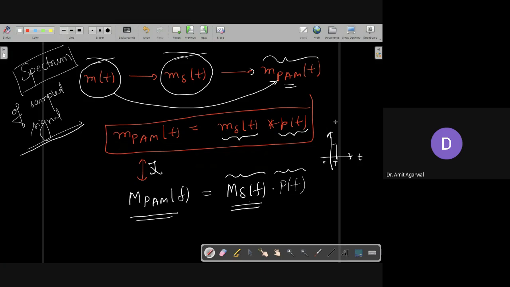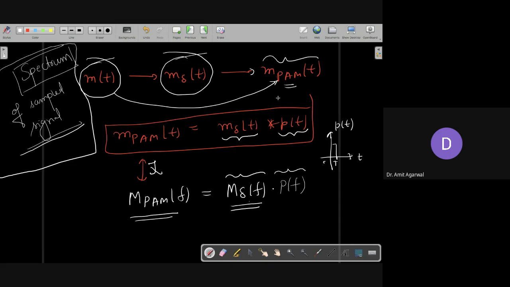So it will help you in this way. When we study the spectra of the sample signal, it will answer one important question which we asked at a very initial stage of the lecture: if we sample a signal at different time instants, are we going to lose something at the receiver?